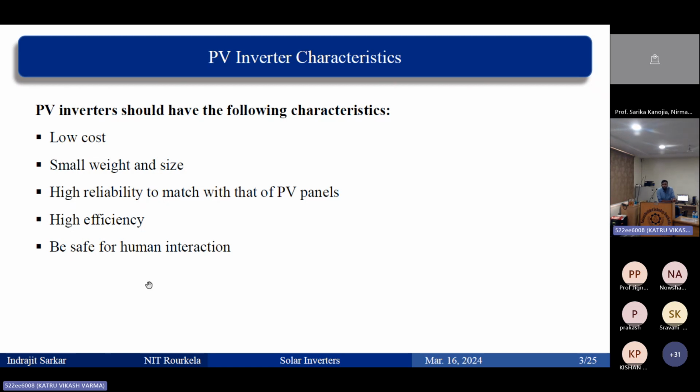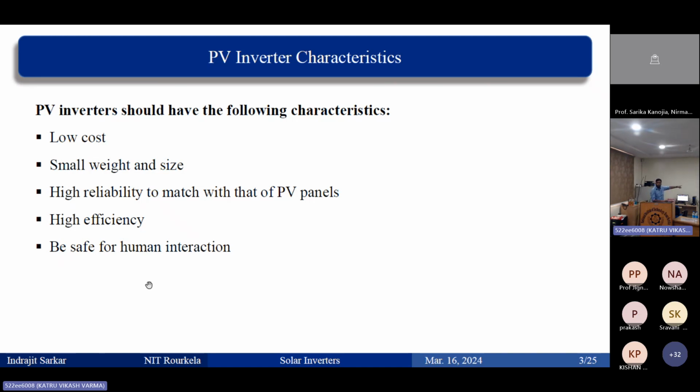So 2% loss reduction is nothing to us, but 2% loss reduction makes a difference in heat sink size. If loss is reduced, the amount of heat dissipated in the devices is reduced. So if the heat is reduced, the size of the heat sink reduces. If the size of the heat sink reduces, your cost, size and weight reduce.